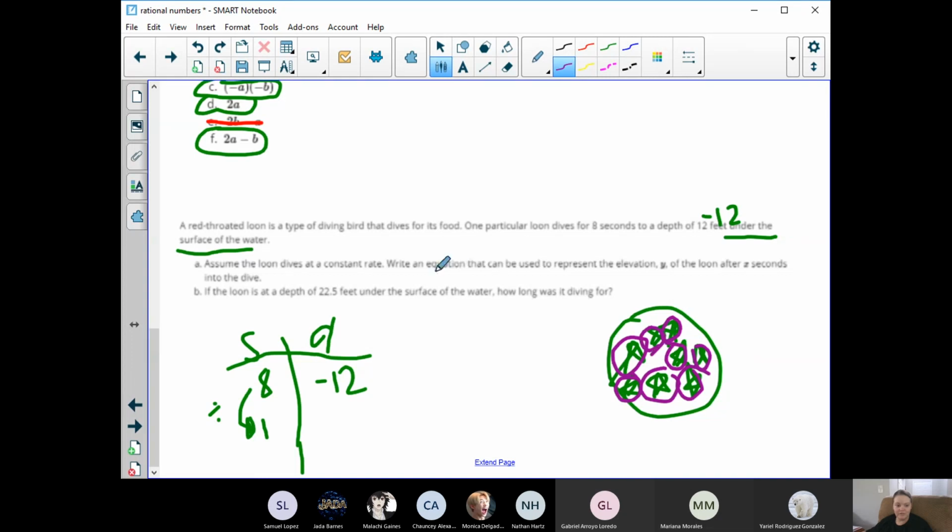So remember, any number divided by itself is 1. Okay. So I need to divide this by 8. What is going on? There we go. My mouse does not want to write today. So what is negative 12 divided by 8?